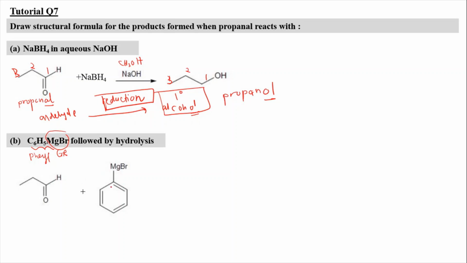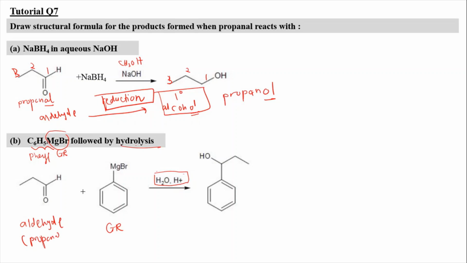So when they react together, followed by the process of hydrolysis, which is compulsory to write, what they're going to produce is a secondary alcohol. Okay, so here is propanal. So when a Grignard reagent reacts with an aldehyde other than methanal, it's going to produce a secondary alcohol.